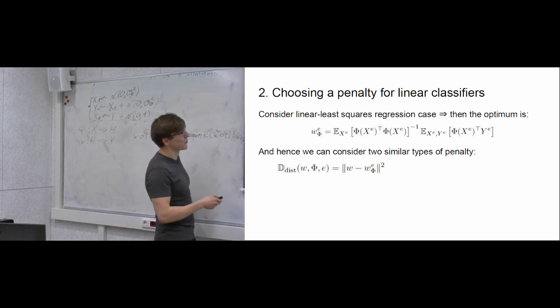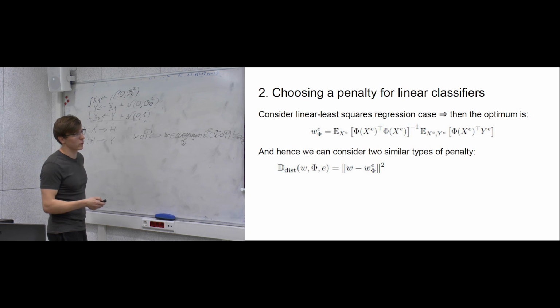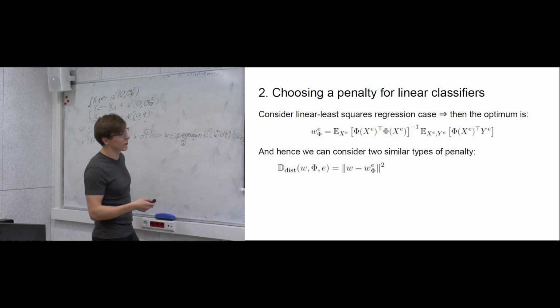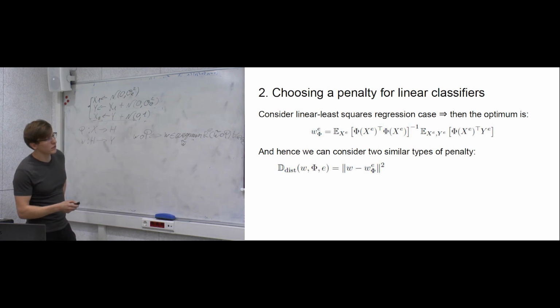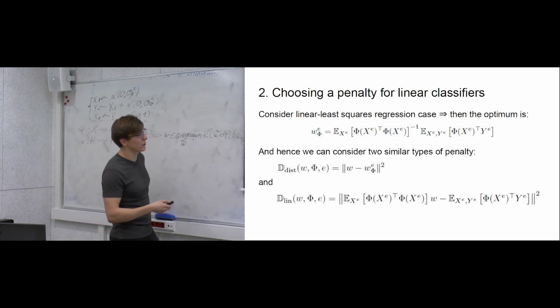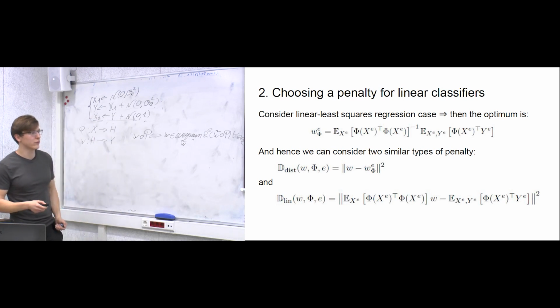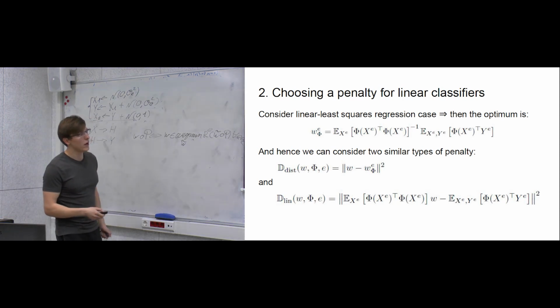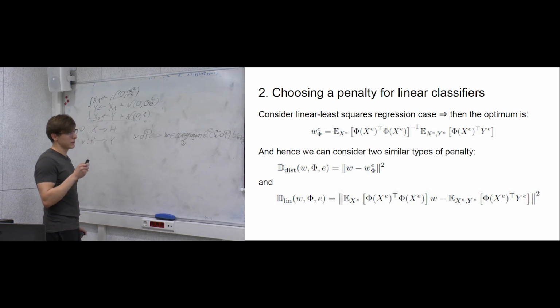So you can just propose the following penalizer, which is very trivial, just a squared norm distance towards the optimal solution. But you see, we have this matrix inverse here, and it's not a very nice thing. So we will just multiply both vectors by this matrix, and we will obtain a similar penalizer, but it will have much nicer properties that are depicted in this figure.